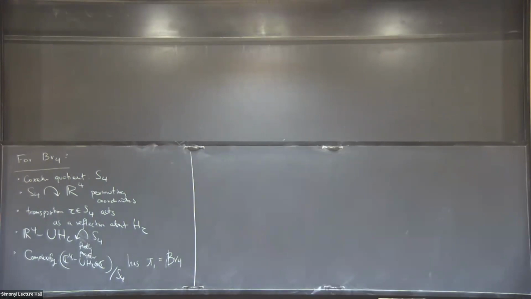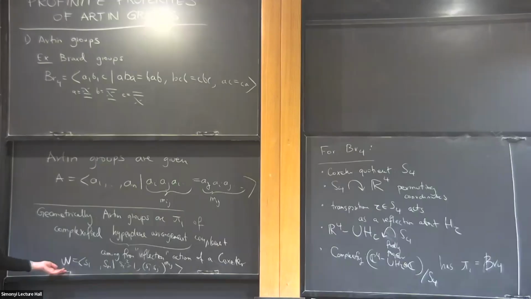And yeah, so generally there's a lot unknown about Artin groups. For finite Coxeter groups, there's a lot known about the Artin group obtained from there.